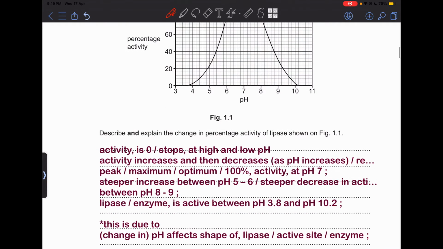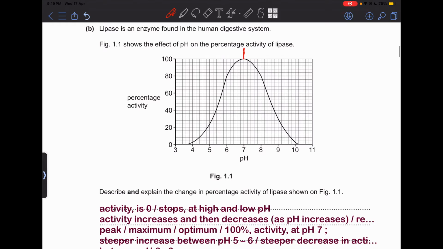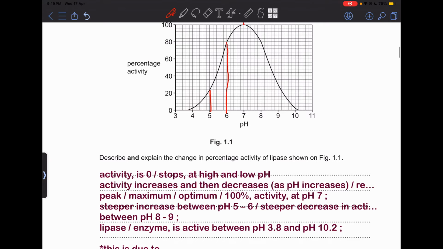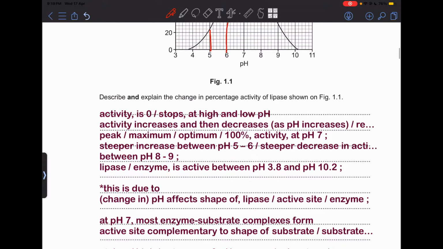And then there was a steeper increase between pH 5 and 6. We can see that from pH 5 it increased very rapidly. From pH 5 until pH 6, there is a big difference. So there is another point you can write down. You can write up to 3 marks, and you're going to get the marks.